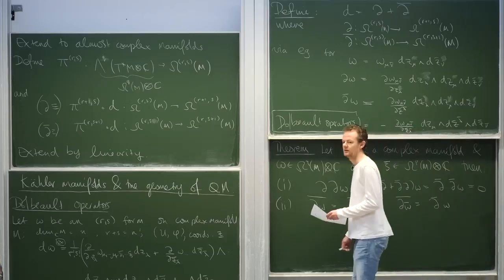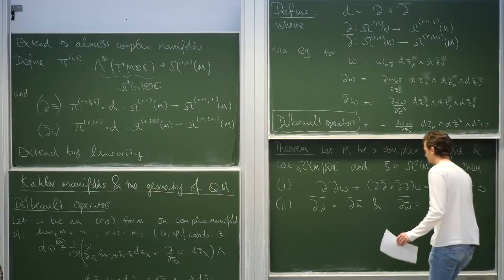The third one tells us that they obey Leibniz-like properties, so they are like exterior derivatives.